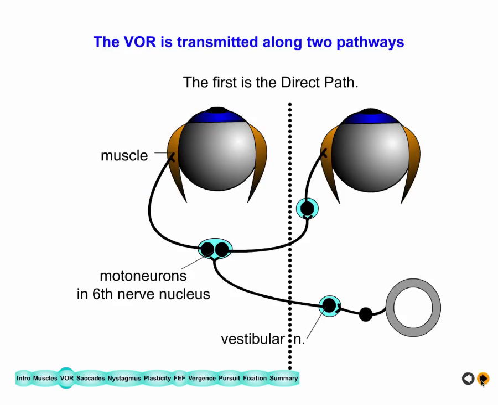Okay, so we saw the VOR. It has this direct pathway from the vestibular nucleus to the motor neurons to the muscles. And this one here goes to the motor neurons of this muscle. This is the medial rectus on this side, and this is the medial rectus on that side. So it activates both of them at the same time.